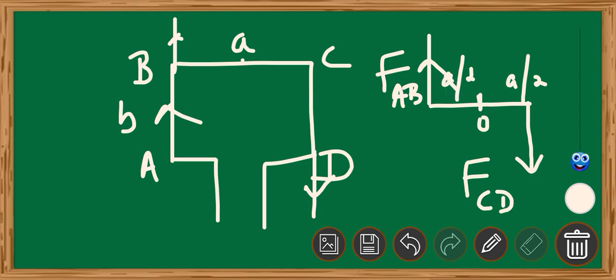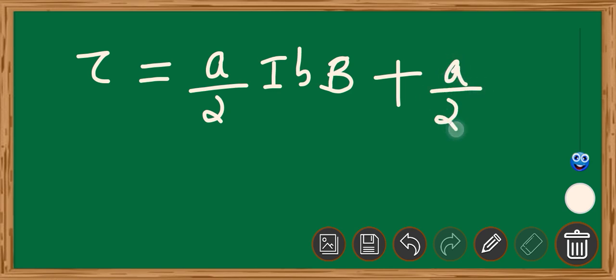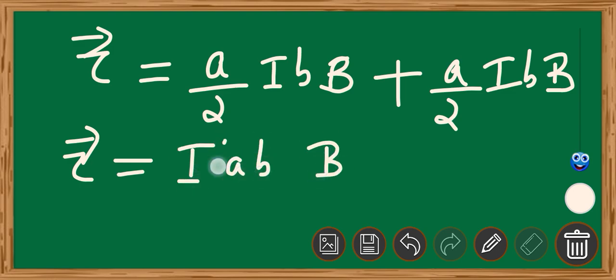The torque is equal to r cross F, here it is a by 2 into I b B plus the force due to the second portion, a by 2 into I b B again. So the total torque is equal to I a b B.